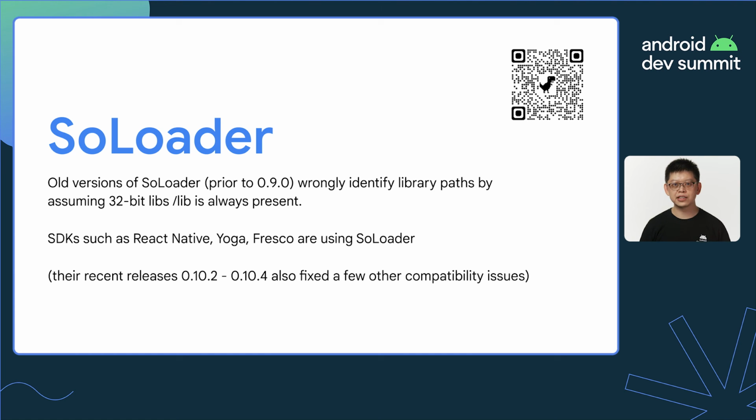Some old versions of SoLoader have a bug in identifying the library path when running in a 64-bit only environment. This also affects SDKs using SoLoader, such as React Native, Facebook Yoga, and Fresco. The recent release of SoLoader also fixed some other compatibility issues. So if you are using SoLoader, make sure you are using the latest version.